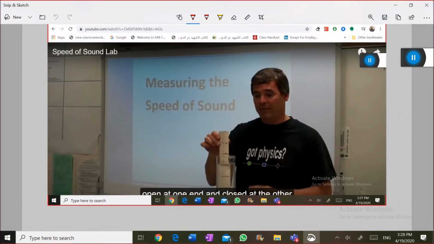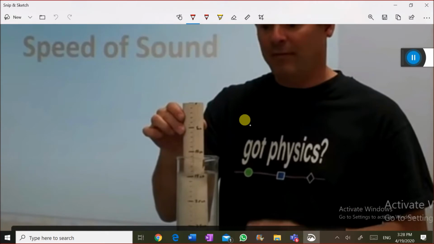Okay, guys, as I mentioned before, this is the closed end for air, right? Below this surface there is no air, it's water. Here there is an open end.